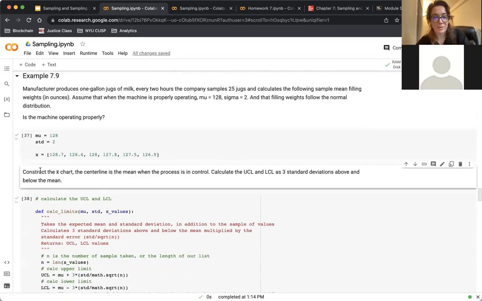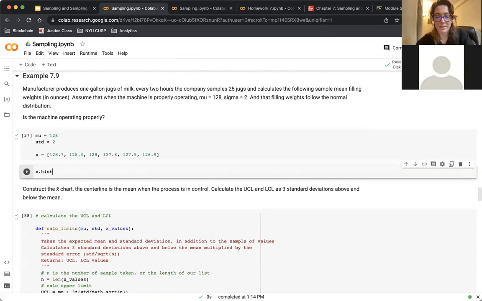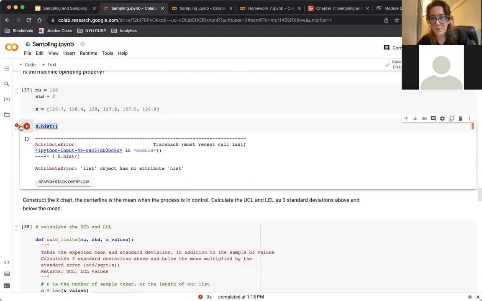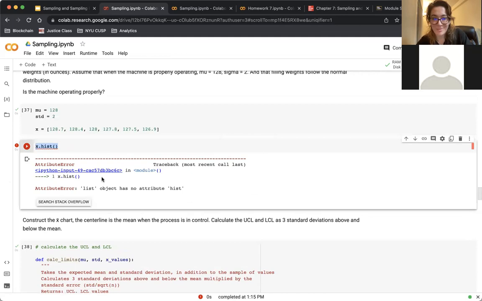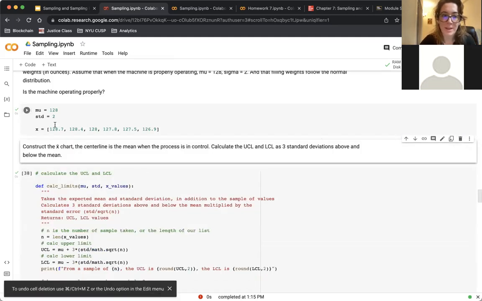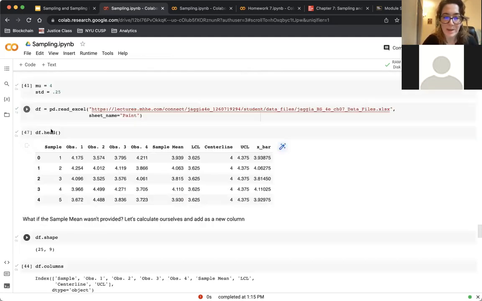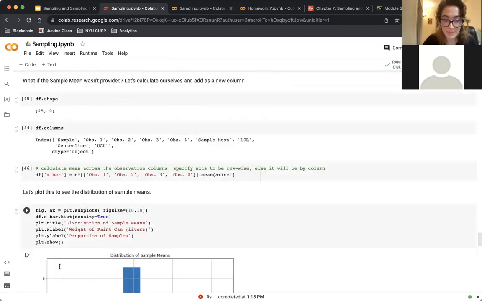If I just did x.hist, because we only have 6, there is no histogram to plot here because it's just a list. If we had this as a matrix where we had these 6 over time over rows, then we could plot a histogram. But for now, in this case, we now have a distribution, and that's why we can plot it.